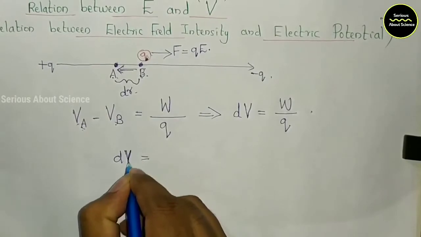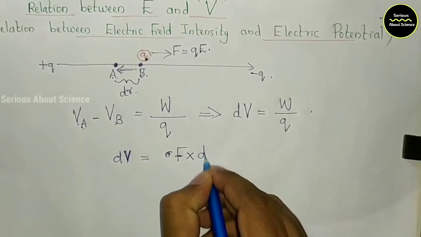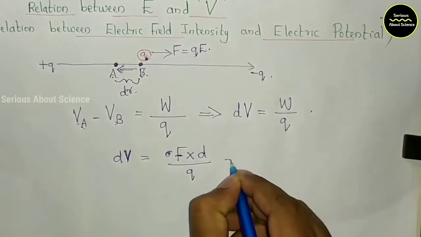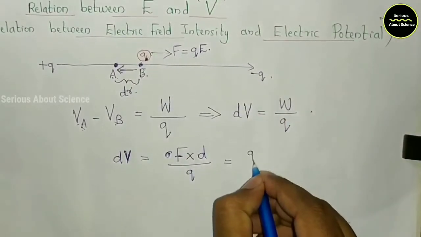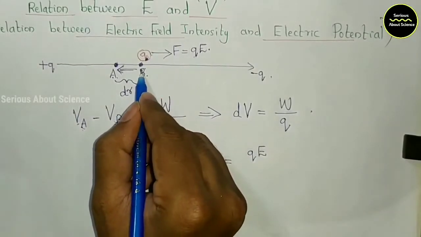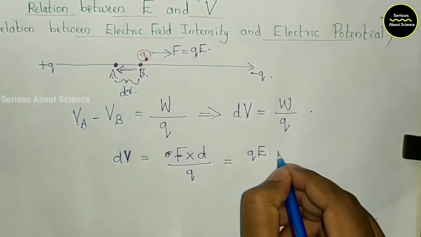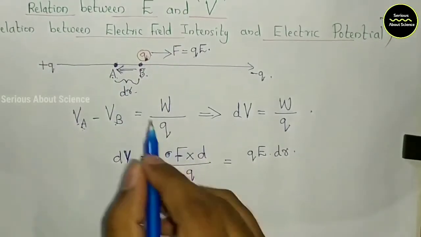Now the next step is, instead of work, we have to apply the equation for work. What is the equation for work? Force into displacement. dV equals force into displacement divided by the test charge Q. What is the value of the electrostatic force? The relation between electrostatic force and electric field intensity is already written on top: F equals QE.